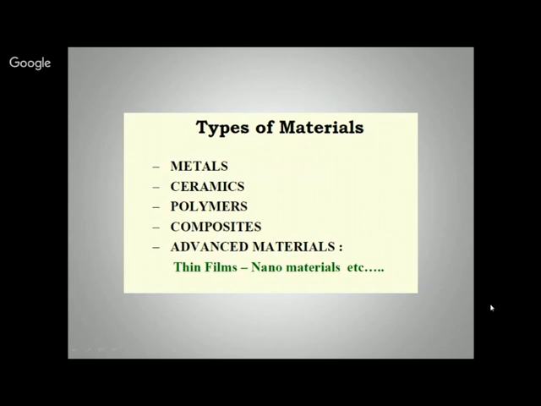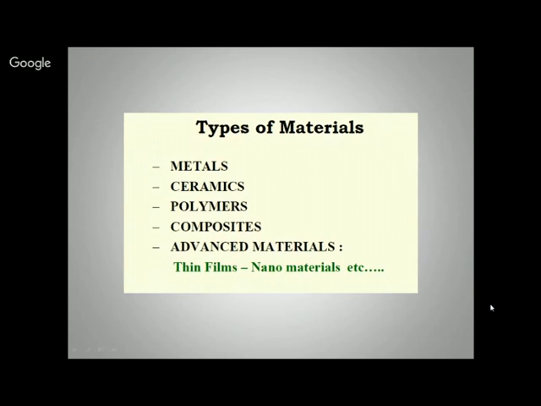So it is very important to know what is the structure of the material. First of all, is it crystalline in nature or is it amorphous in nature? Because the crystalline structure tells you that all the atoms are arranged in a very regular pattern. But in the case of amorphous material, the atoms are not arranged in a regular pattern. So that is very important.